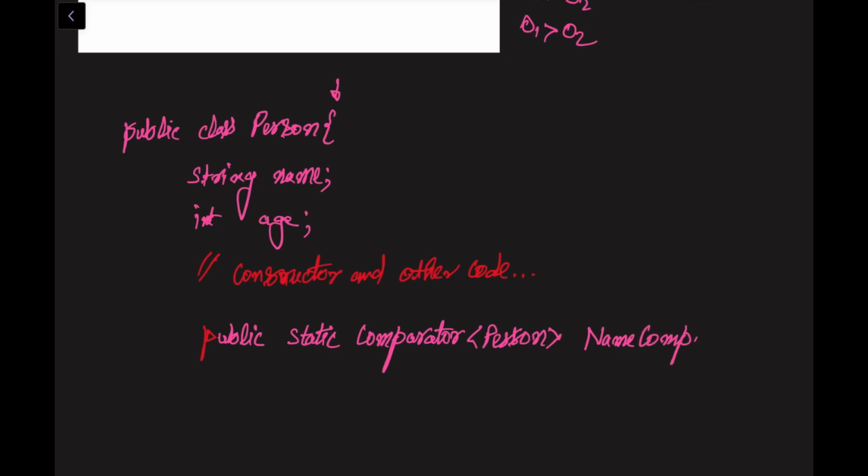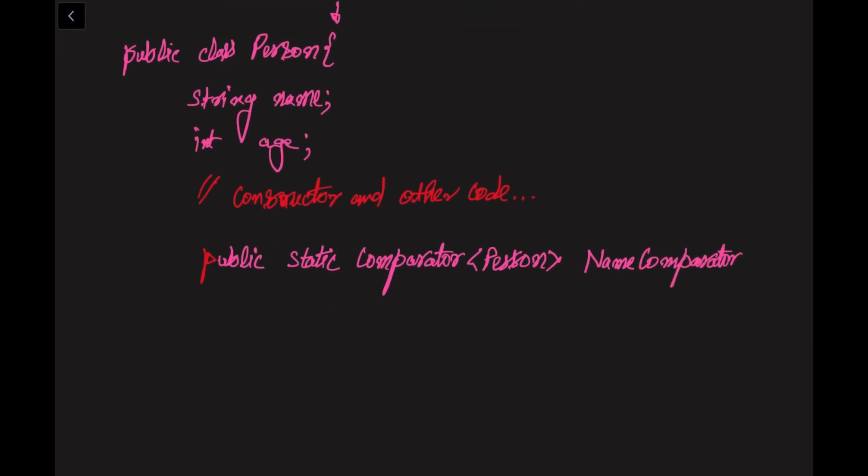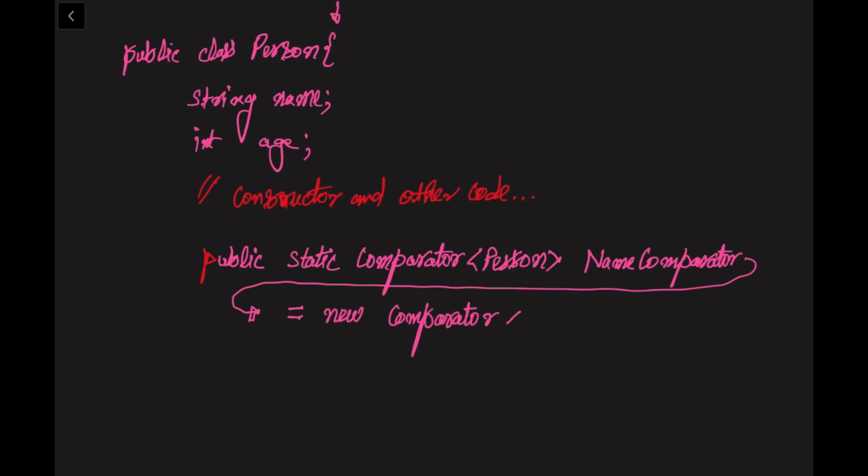Name comparator is equal to new Comparator, then we have Person, then we have round brackets, then again one more curly brace.